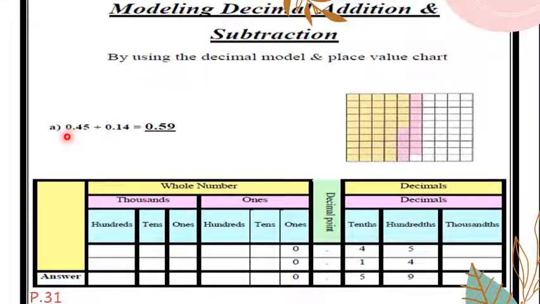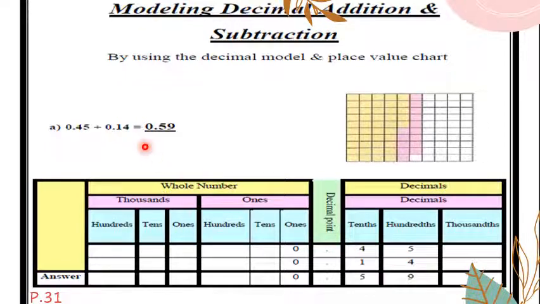Here, 0 in the ones, so I'm gonna write it here in the ones. Decimal point, I'm gonna write it in the decimal point place. 4 in the tenths, I'm gonna write it in the tenths place. 5 here in the hundredths.